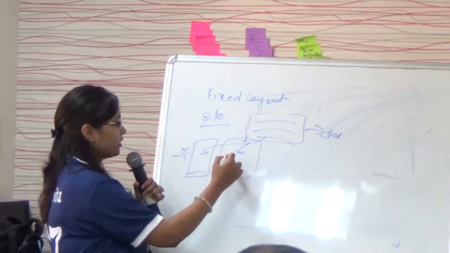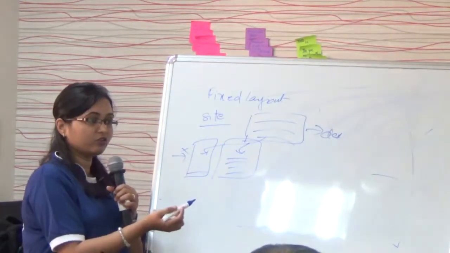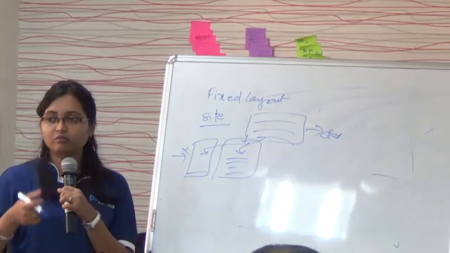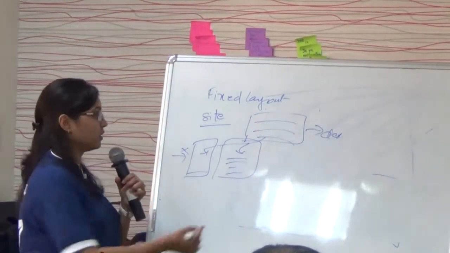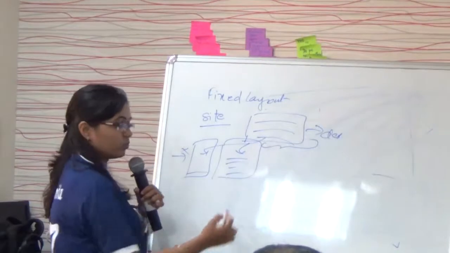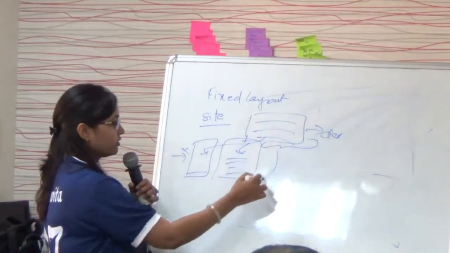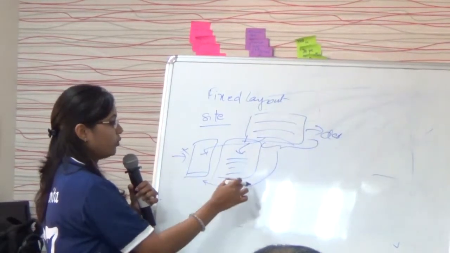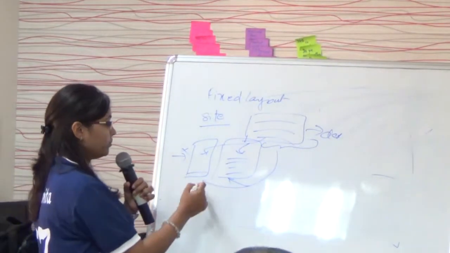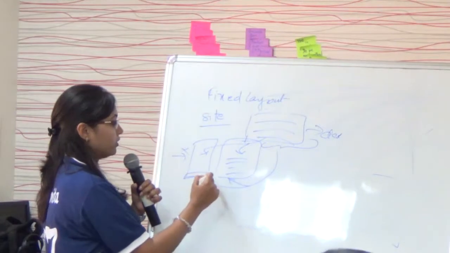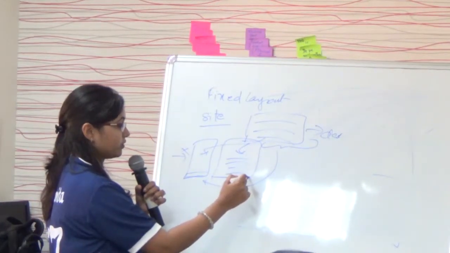Secondly, you saw that it wasn't very useful for the user to access the site and click on something. So what did you do? Instead of developing for this one, you started thinking about how to develop a common site which can be rendered on my phone and my tablet, right?